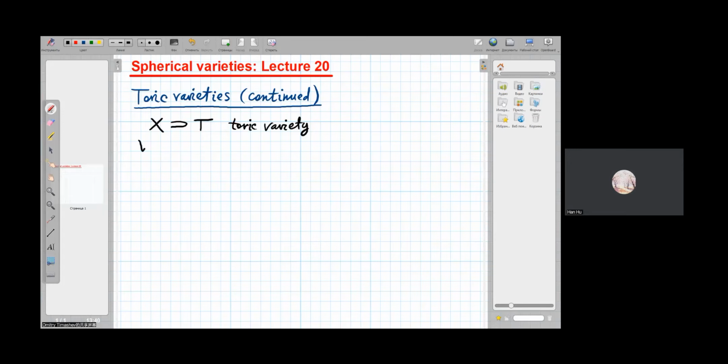For any other orbit, say Y in X, we have the simple open subvariety X sub Y, which is the union of all orbits containing this Y in the closure.